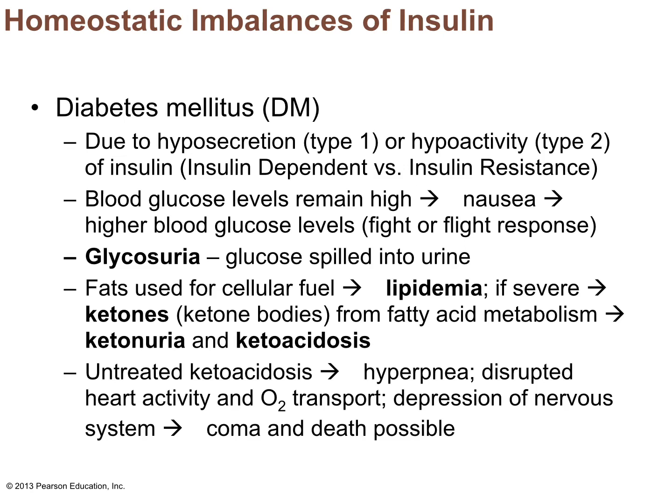If you can't get it in the cell, you can't break the glucose down for energy, which in chapter 24 we'll talk about how we do. But you can't do it, so you're going to use fatty acids for fuel. Now, you all use fatty acids for fuel, but if you're primarily using them, you're going to produce a number of ketone bodies, which are a metabolite of fatty acid metabolism.